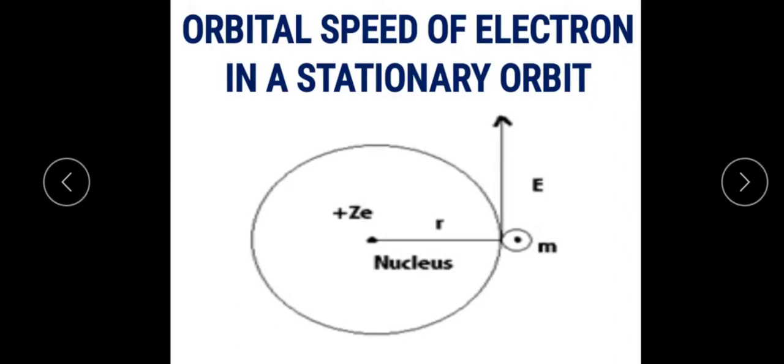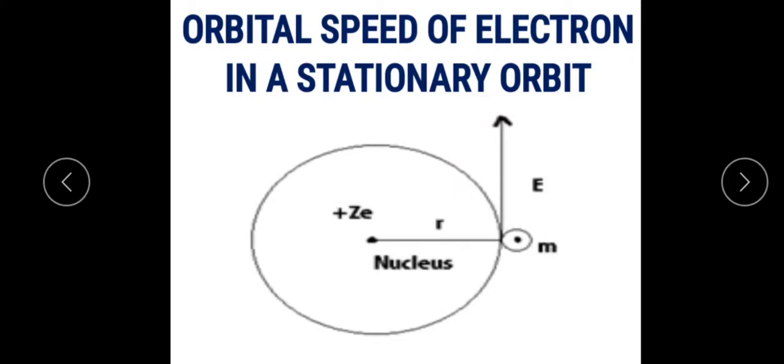Then the third postulate explains how an electron makes a transition. If the revolving electron gets some amount of energy, it is excited to a higher energy level or the next orbit, but that state is not a constant state. So within a fraction of a second it will return to its ground state.